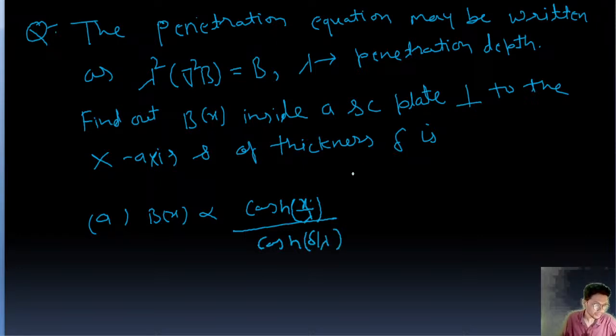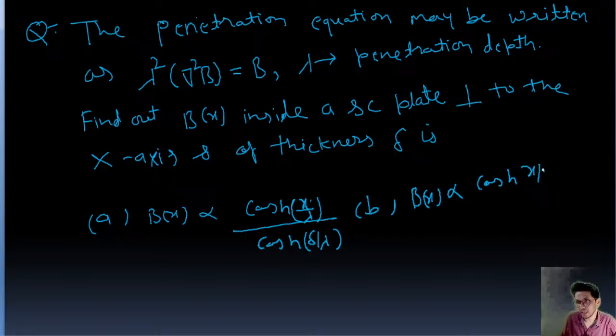Option B is Bx proportional to cos hyperbolic x by lambda upon cos hyperbolic delta upon 2 lambda.